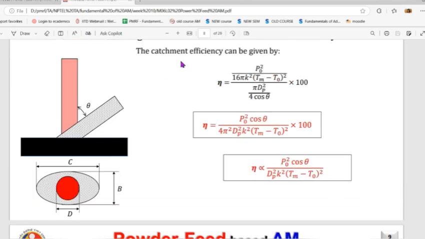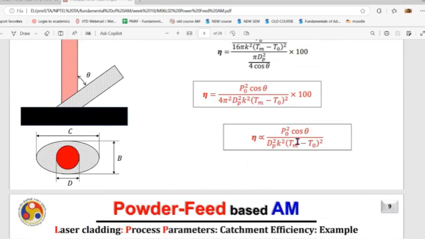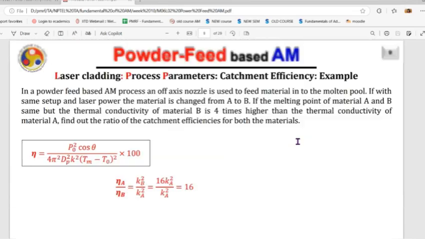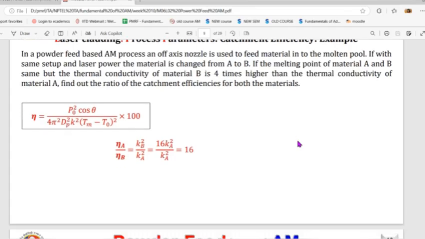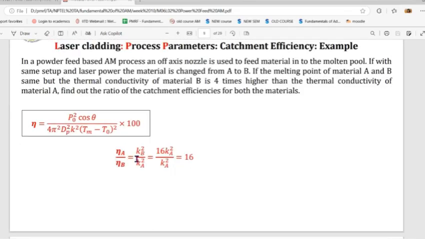That's why for catchment efficiency, you get a very big equation. You don't need to remember it, but you can write it down. This equation is important.